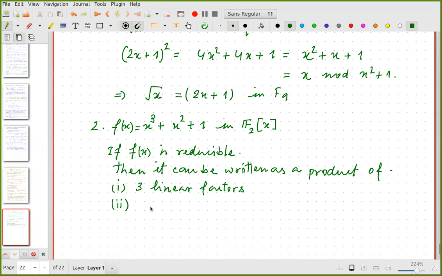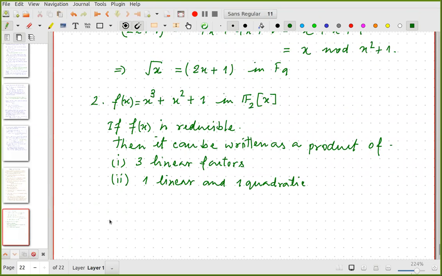Second option could be one linear and one quadratic, so 1 degree 1 and 1 degree 2, and that's it. There are no other options to break a cubic polynomial.